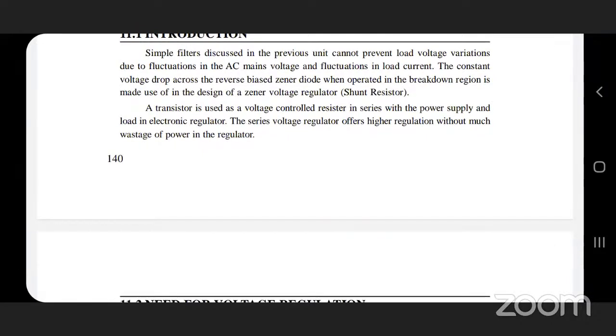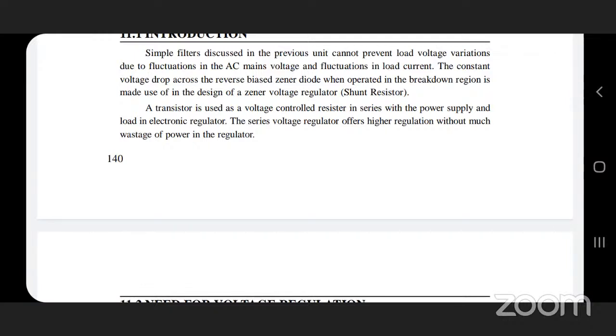A filter removes some of the AC pulses, the ripples, at the output along with the output DC. These filters, discussed in the previous section, cannot prevent load voltage variations due to fluctuations in the AC main voltage and fluctuations in the load current.